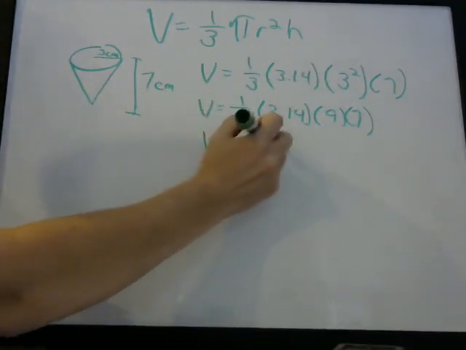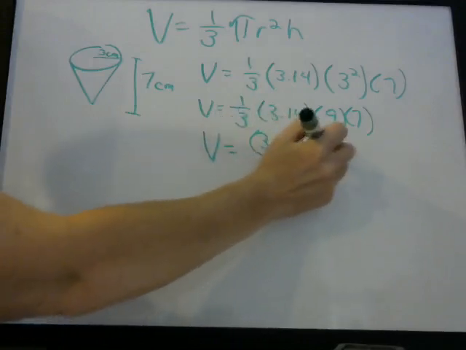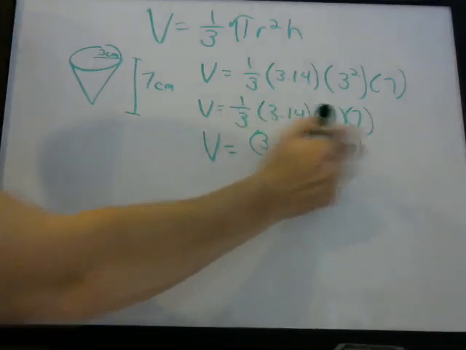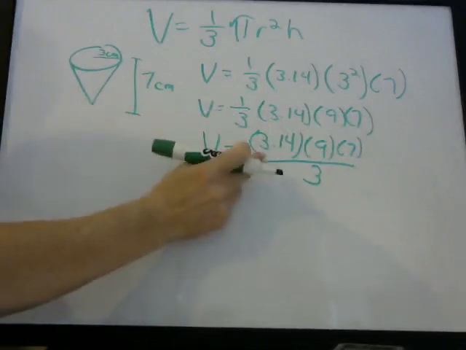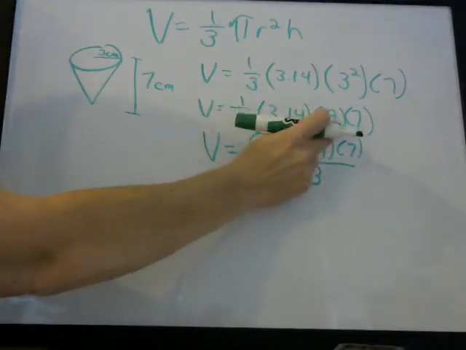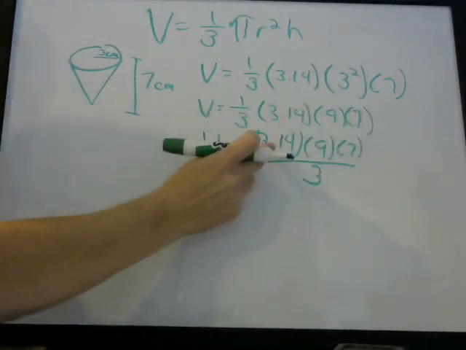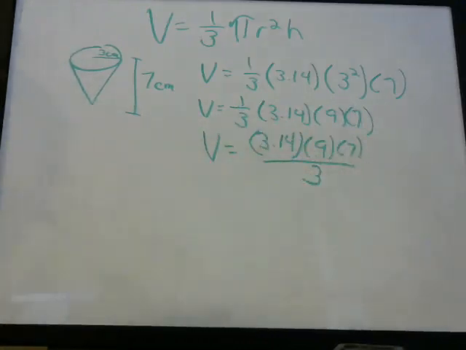Or you can write this as 3.14 times 9 times 7 divided by 3. That's what 1/3 means, is everything divided by 3. So you can either plug in 1 divided by 3 into your calculator times 3.14 times 9 times 7, or 3.14 times 9 times 7, all divided by 3.